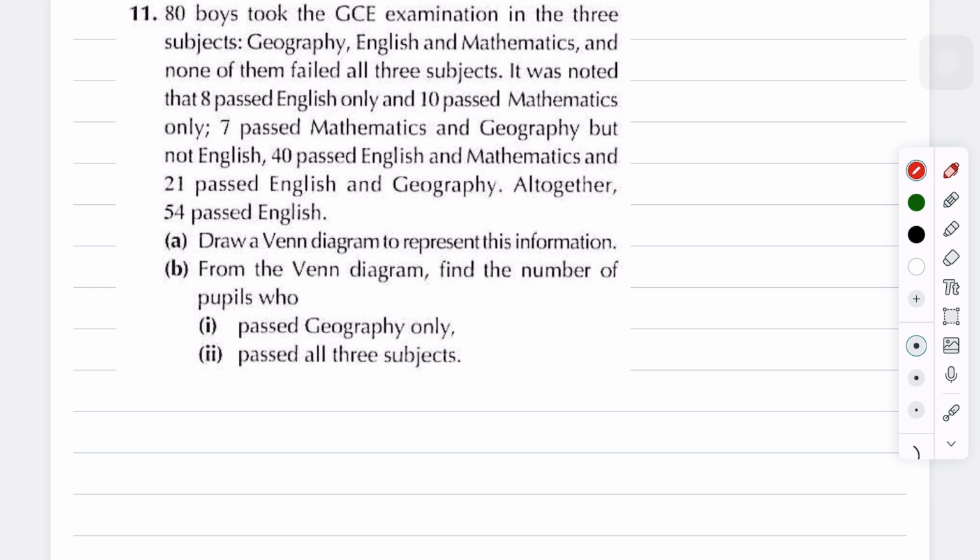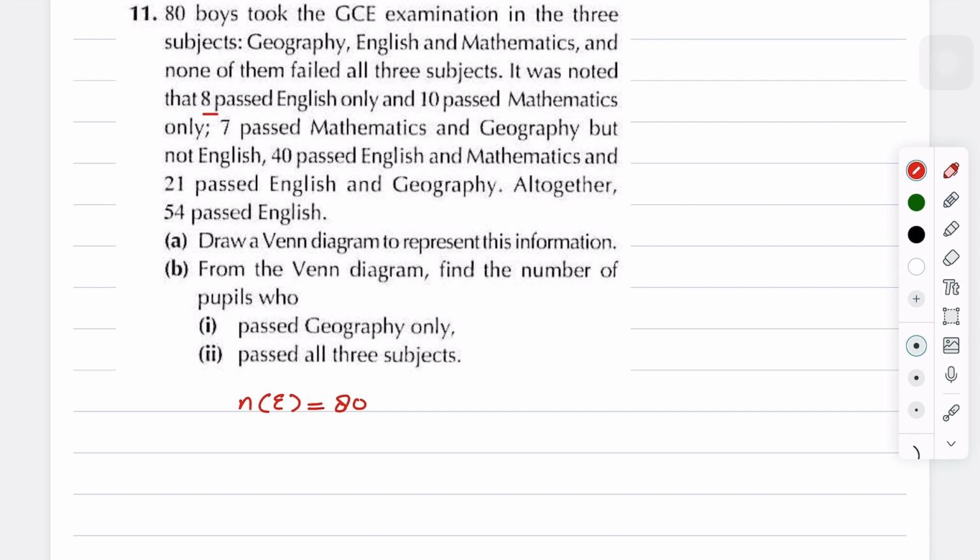Question number 11. First of all, we will try to understand the information provided in the statement of the question. There are 80 boys, that means epsilon is given, which is 80. Epsilon is basically the universal set, and now we have other information.